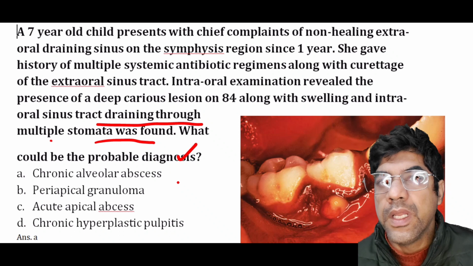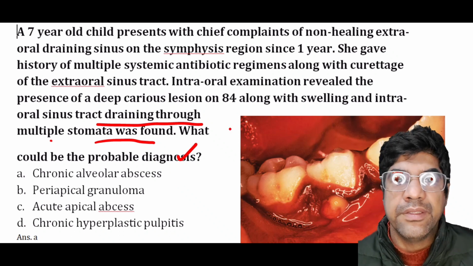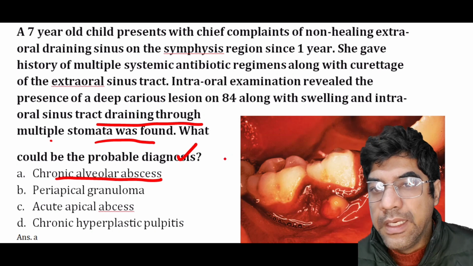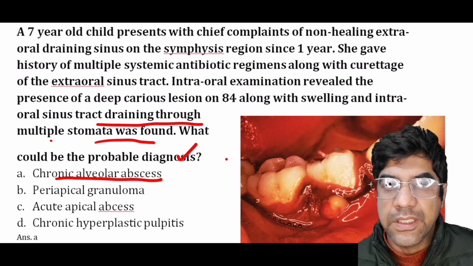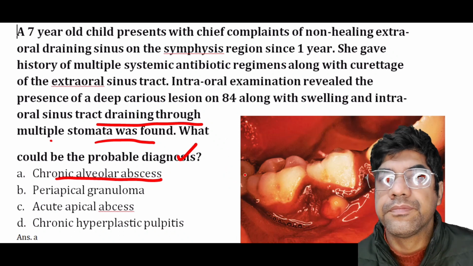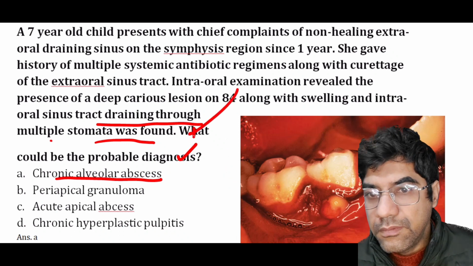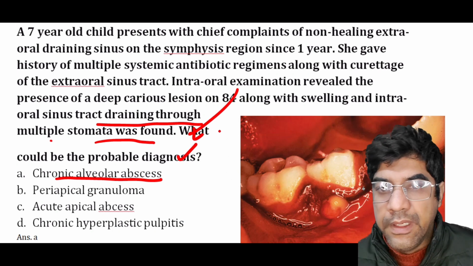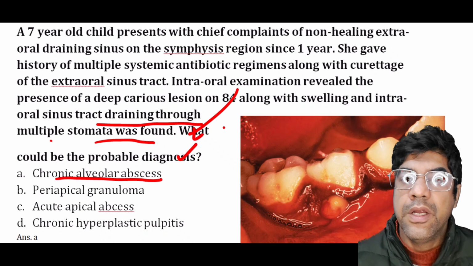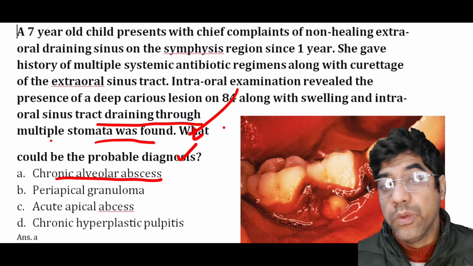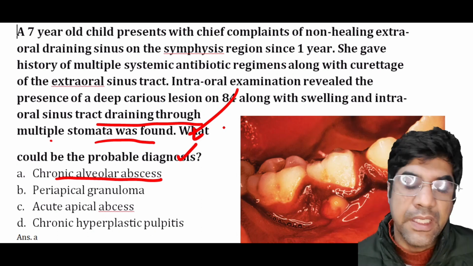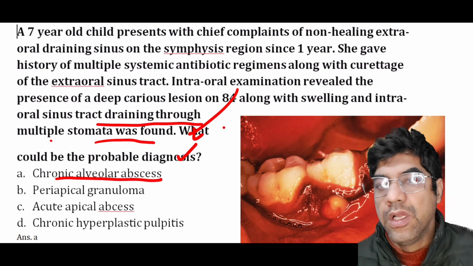So remember, a chronic alveolar abscess is a long-standing dental infection that can result from untreated dental caries. It can lead to formation of extraoral draining sinuses, and due to the chronic nature of the symptoms, that fits in the present case.